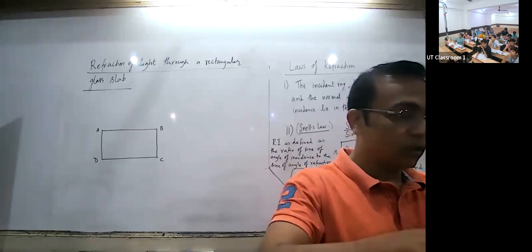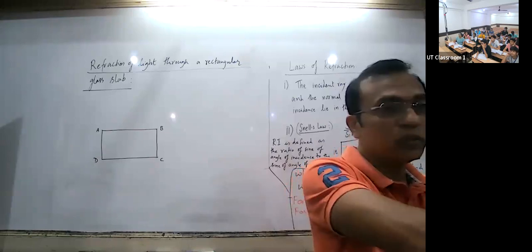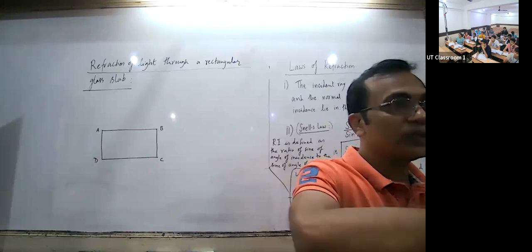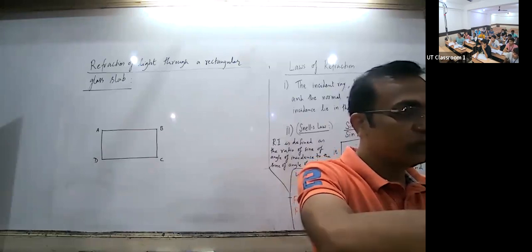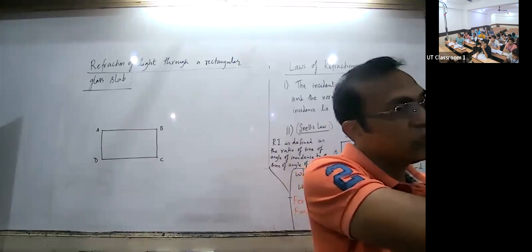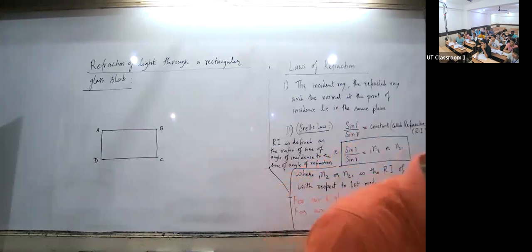What you are doing is, on this side, you are inserting pins. It is on the chart paper and you have drawn this. Here you are inserting 2 pins. 1 pin here and 1 pin here. And now you are trying to see those pins from this side.